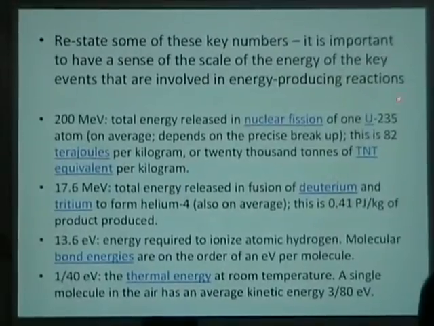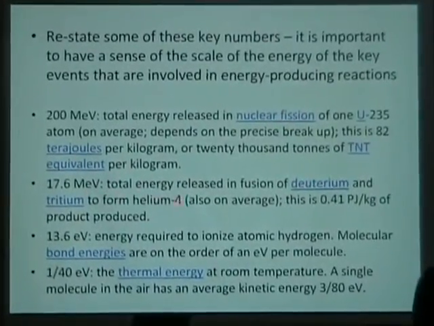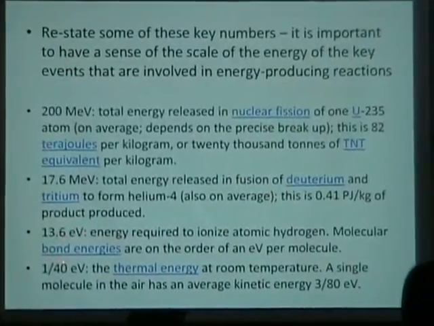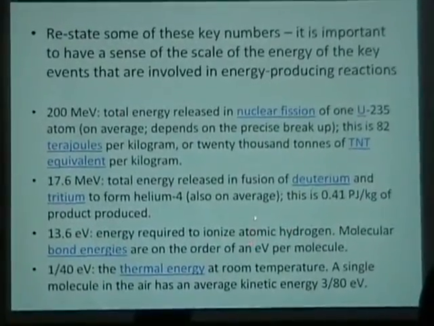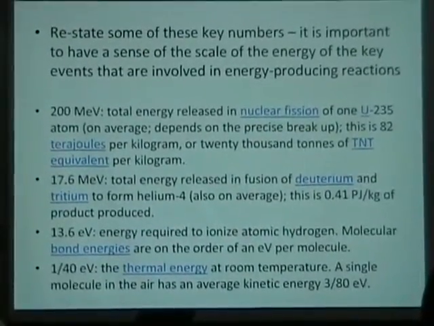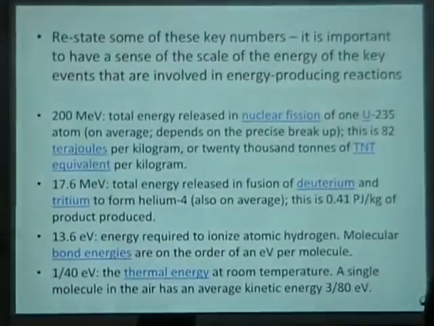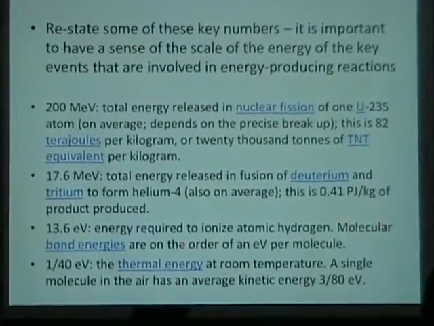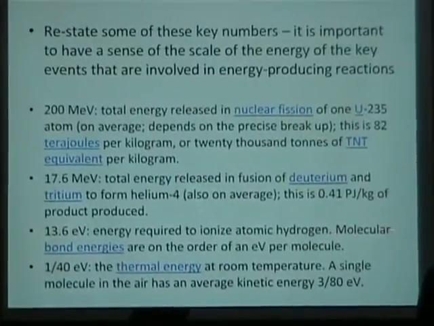The practical sources of energy at the world level are basically fission, fusion at the solar level, and then the molecular energies. 13.6 eV is basically an ionization, the energy required to remove an electron from a simple thing like hydrogen. And all the other reactions that are important for producing energy are at the level of bond energy, a few electron volts per molecule.